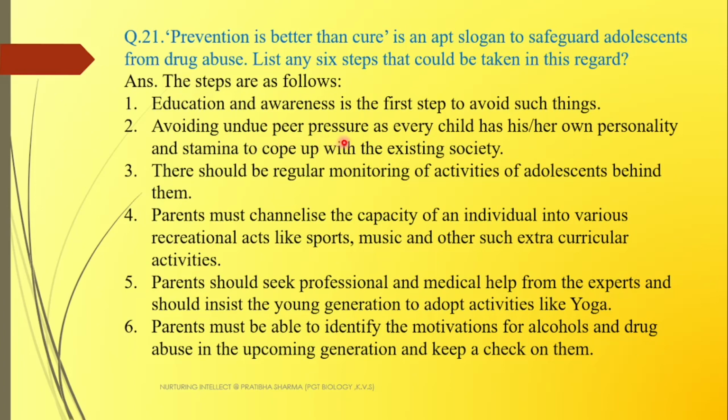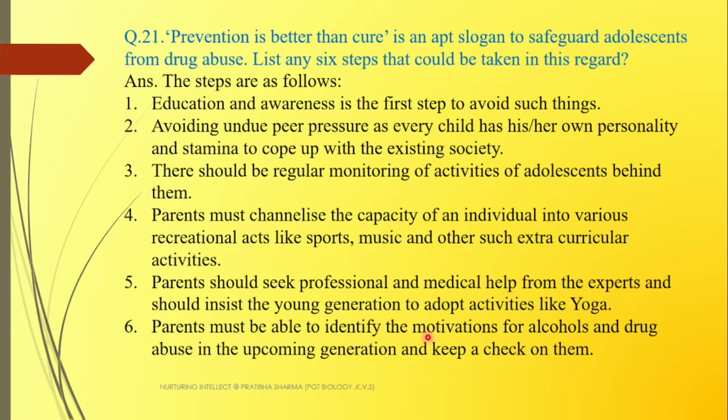Then avoiding undue peer pressure, regular monitoring of the activities of adolescent. Parents must channelize the energy of an individual into various recreational activities like sports, music, and other activities. If required, parents must consult professionals and medical people, experts, and to guide the youth.